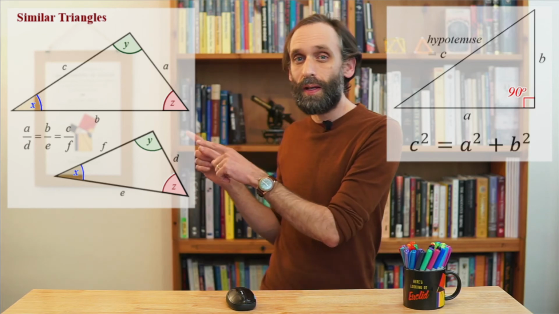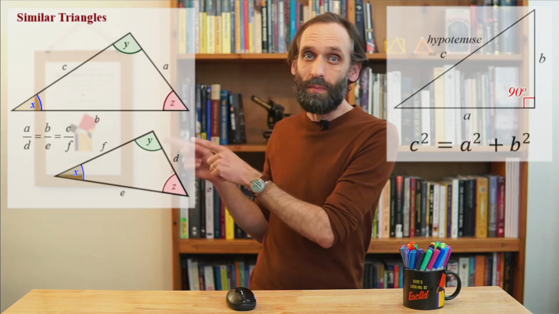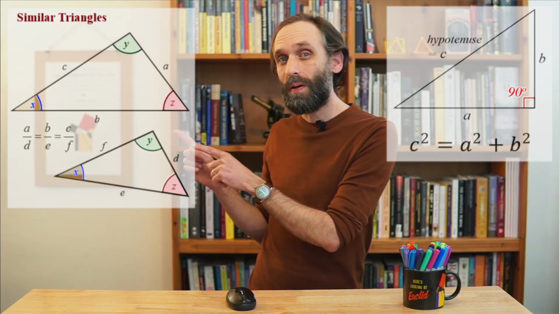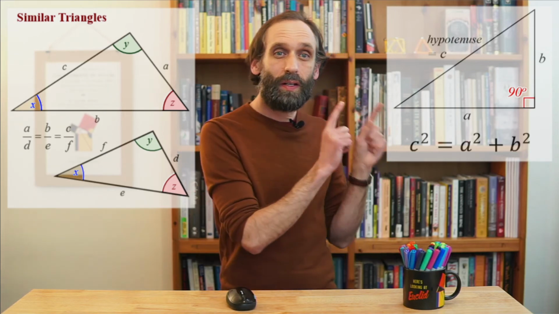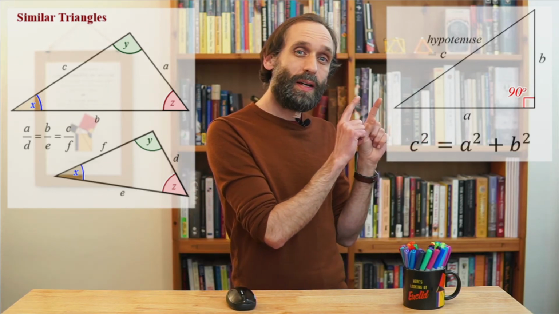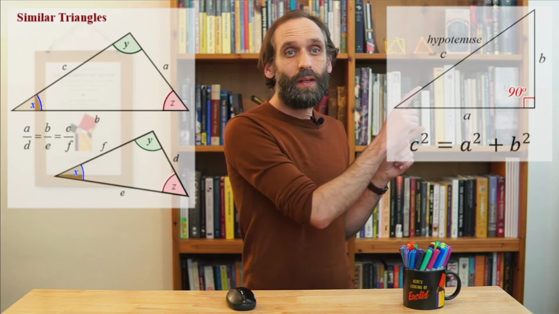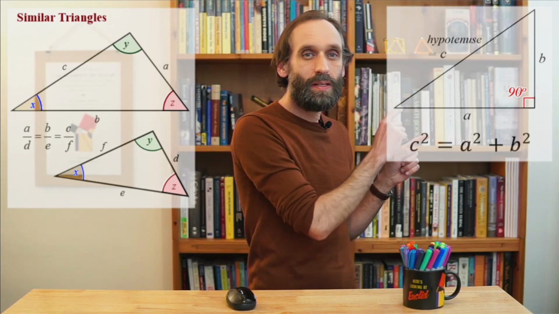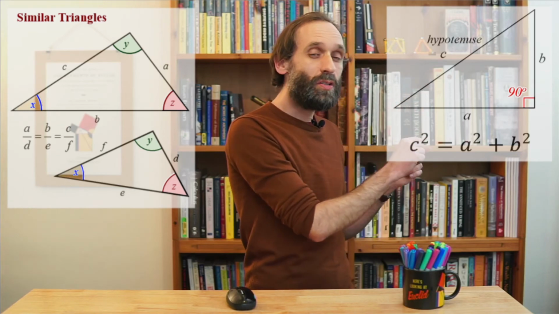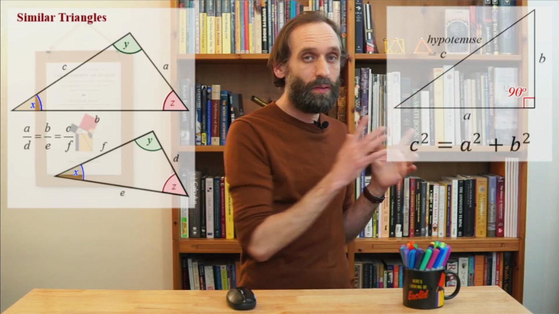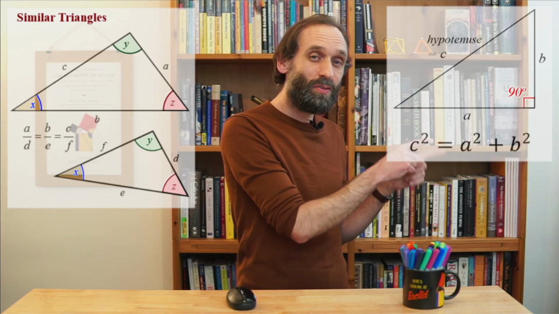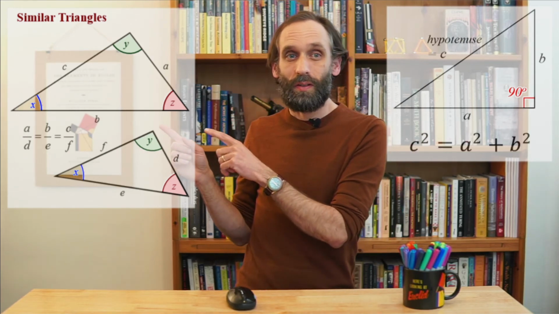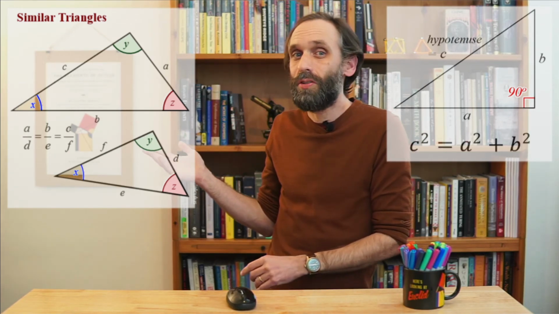So over here we have the fact that similar triangles have corresponding sides proportional, and over here we have this idea that in a right triangle with legs a, b, and c, where c is the hypotenuse, a squared plus b squared equals c squared. Okay, so this one is about a right triangle. This one could be about non-right triangles, and there are two of them.